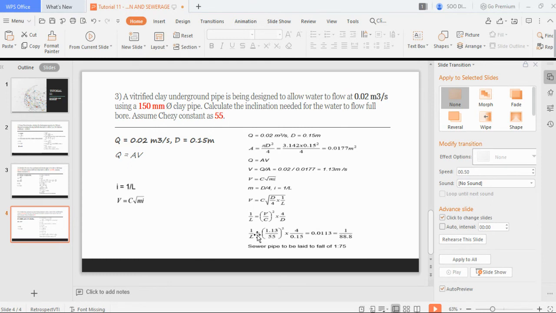By putting the information into this formula that you have here, you just need to solve this equation. You'll get that your L is equal to 1 over 88.8.